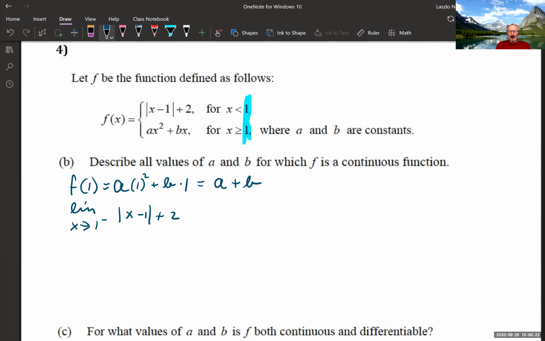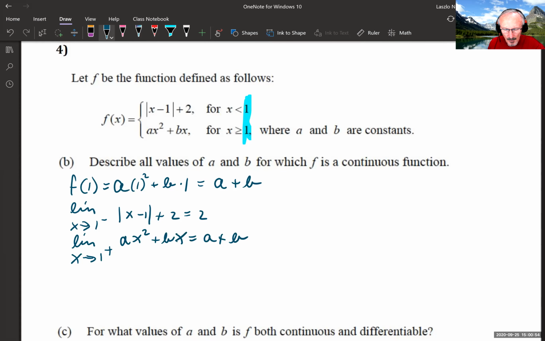Often these absolute values create a problem for us. Not here. We can evaluate by direct substitution, and we simply end up with 2. The limit as x approaches 1 from the right, our function is ax squared plus bx. So when we find this limit, we have a plus b.